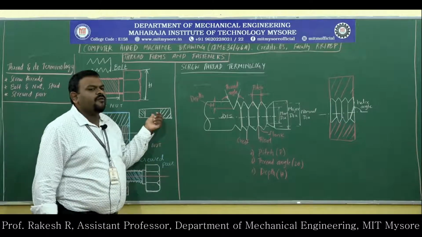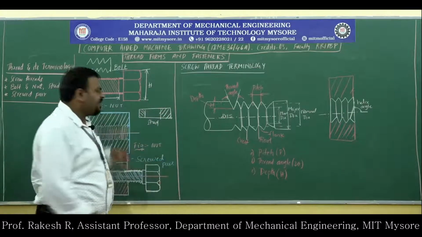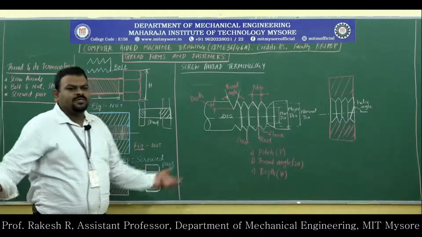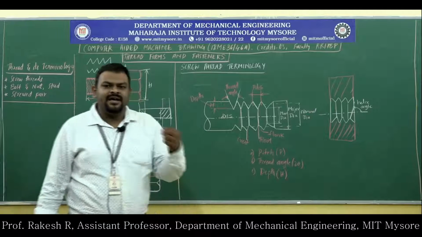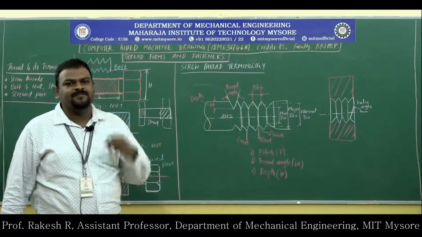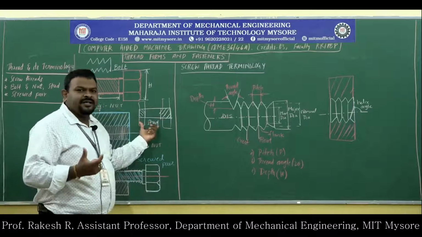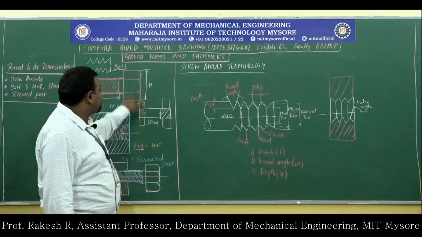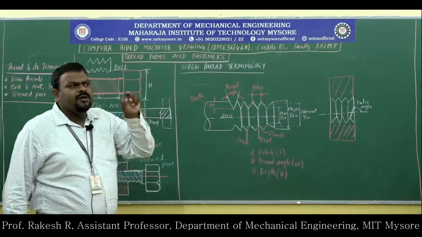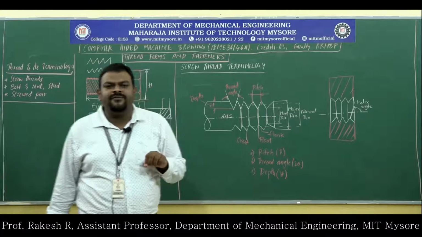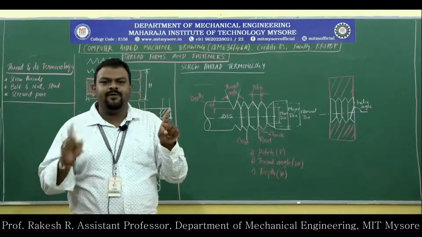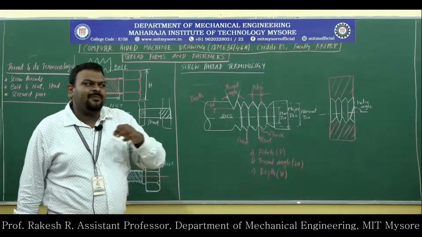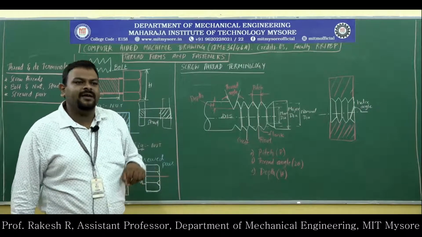The flexibility of this is you can have an arrangement here as well as here. So simply, a stud is a threaded fastener without a head. We can say a stud is nothing but a cylindrical component with a thread without a head. If it has a head, it is a bolt. You have to observe the differences between stud and bolt, very important. A stud will have no head, but a bolt will have a head.